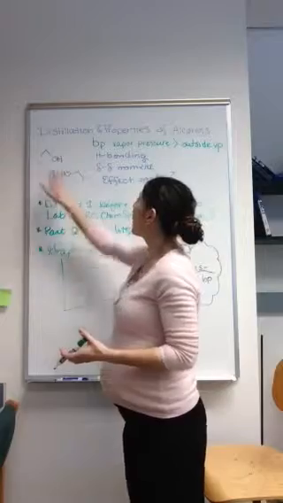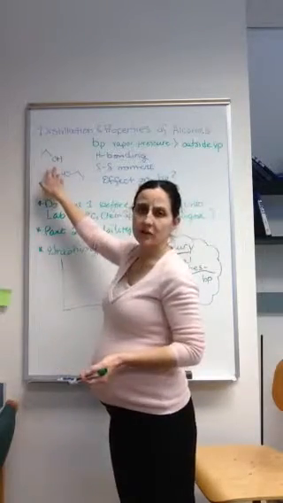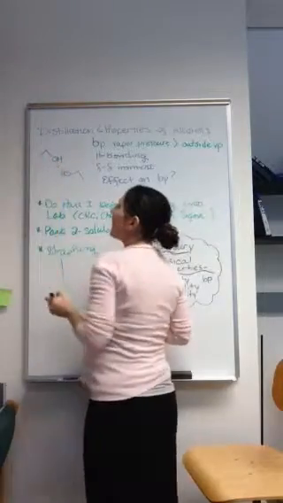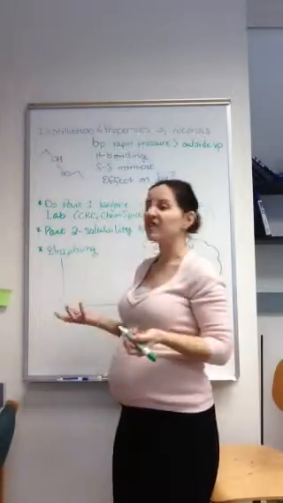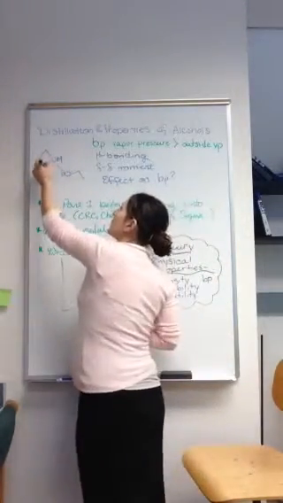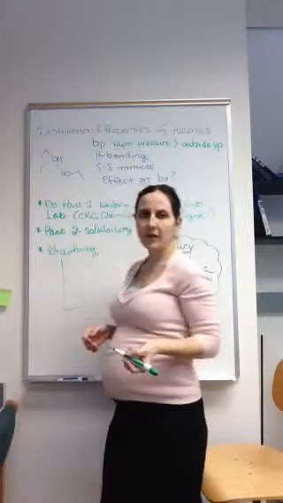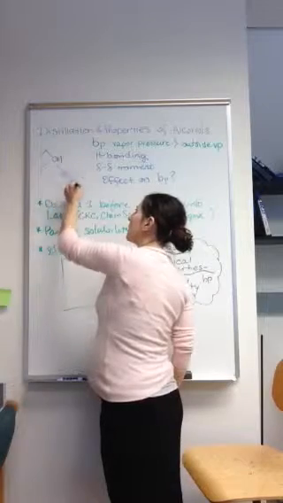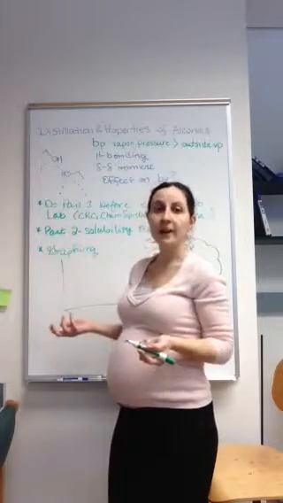I have 2 lone pairs on my oxygen, and those 2 lone pairs can form a hydrogen bond with hydrogen. This other lone pair will form another hydrogen bond with another hydrogen. And this oxygen can also undergo hydrogen bonding.